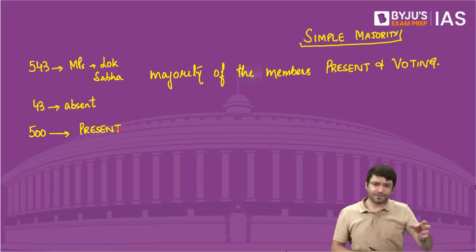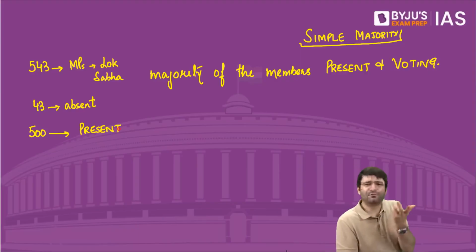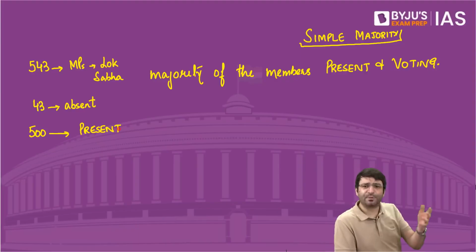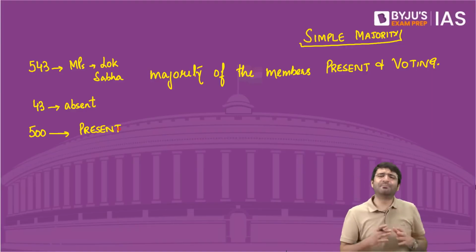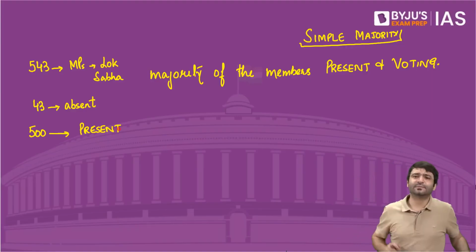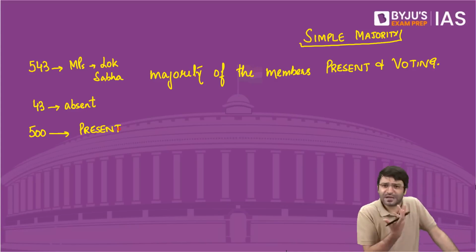Now, for example, there is a bill on which members of the parliament need to vote. The same bill, for example, Andhra Pradesh reorganization bill, whether Andhra Pradesh should be divided or not. Obviously, some members will be against it, some members will be in favor of it, some members would simply not be interested. Doesn't matter. I am from Odisha, it doesn't concern me. I am from Punjab, it doesn't concern me.